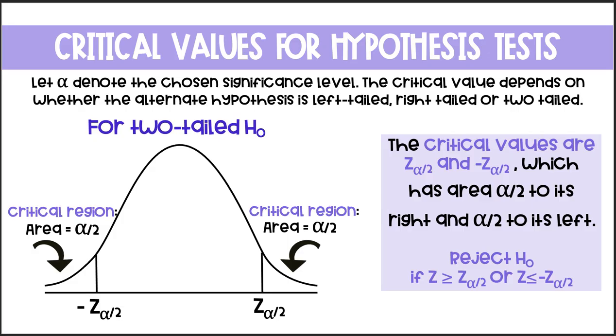Then we find the z-scores, which will be 1 positive and 1 negative, and to test if our test statistic value falls in the critical region, we test our test statistic value to be greater than the right z-score, or the right critical value, or our test statistic value to be smaller than our left z-score, which is our left critical value.